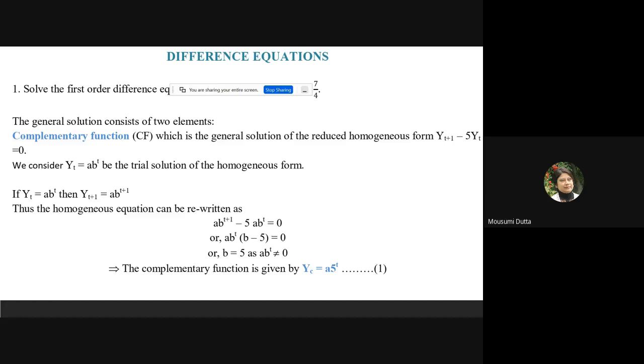This economic variable may be income, saving, investment, price, unemployment, rate of interest, etc. So for any economic variable, keeping the economic feasibility in our mind, we will like to derive the time path of that economic variable. That is how this economic variable changes over time.